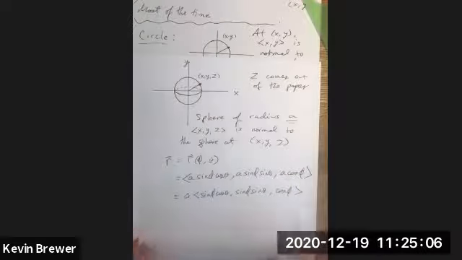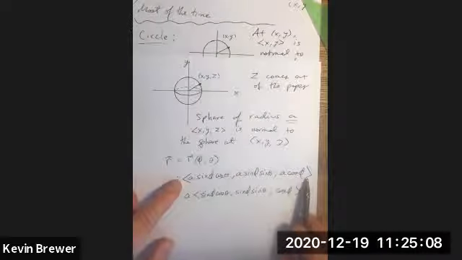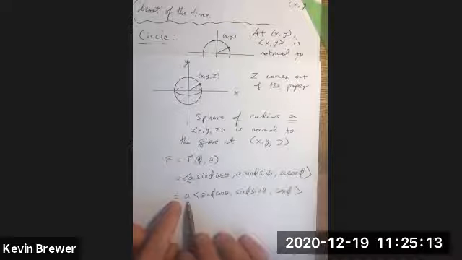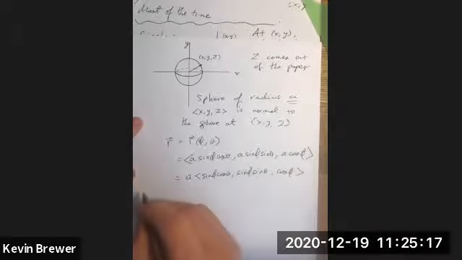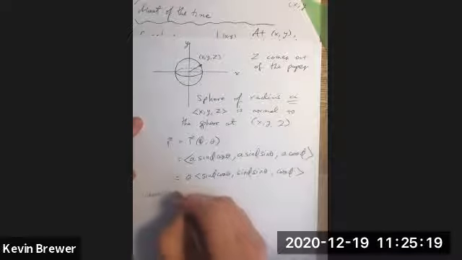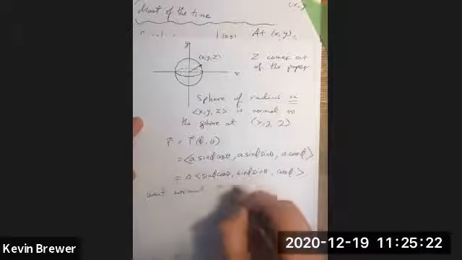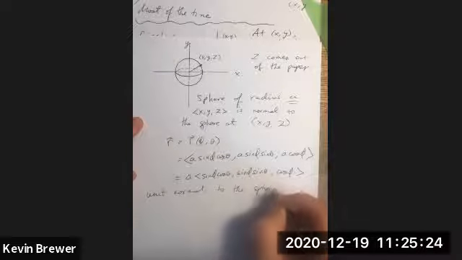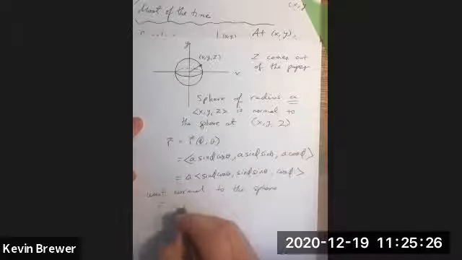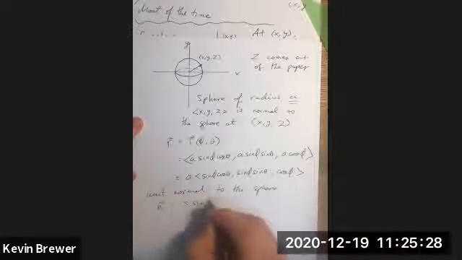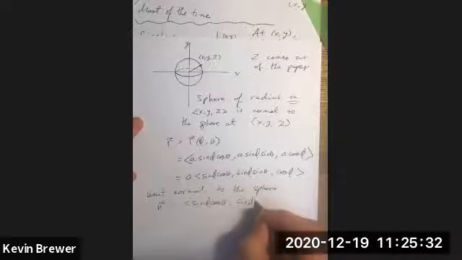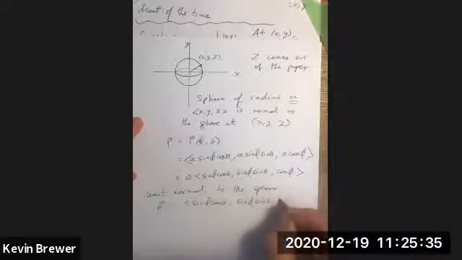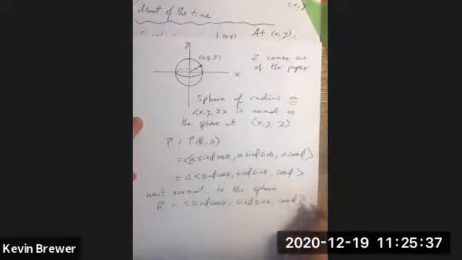Since we know that the entire vector is normal to the sphere and is of radius a, and then we factor that a out, this must be the unit normal. So the unit normal to the sphere is n equal to (sine phi cosine theta, sine phi sine theta, cosine phi).